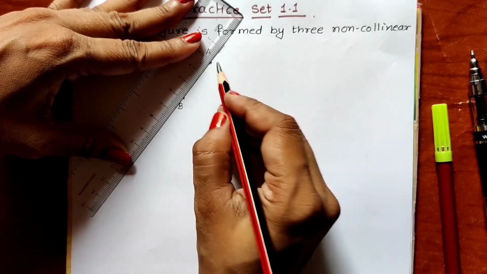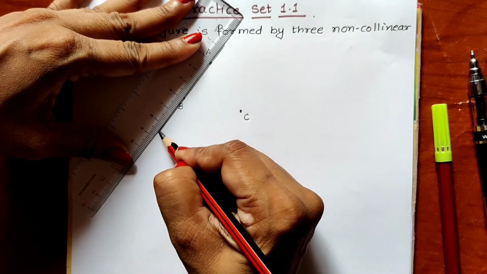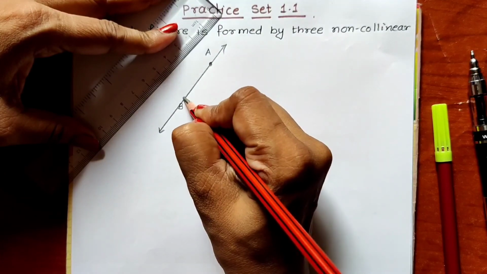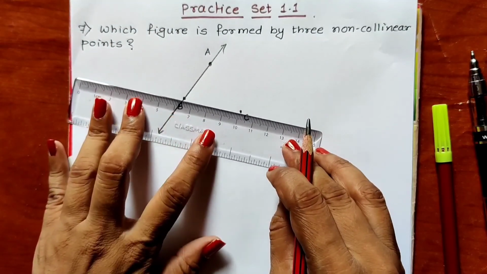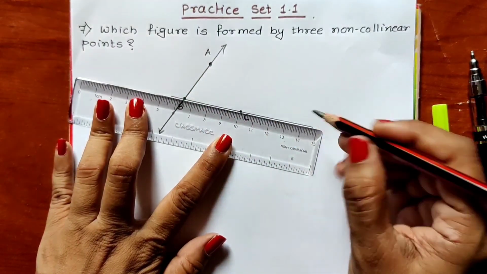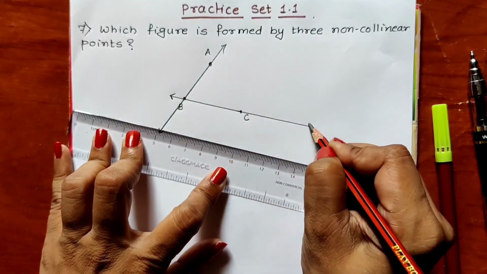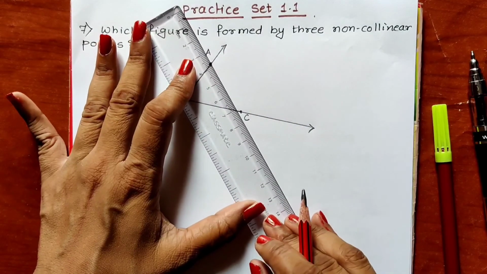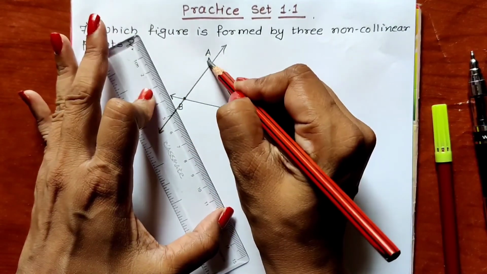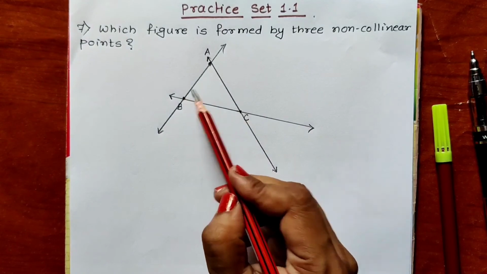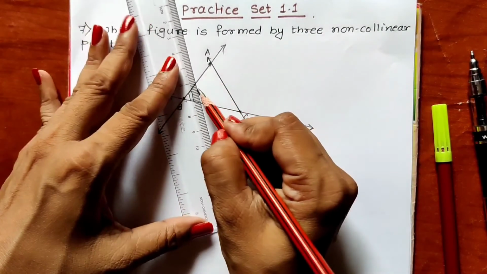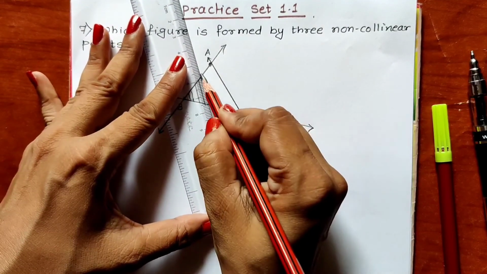First I will join point A and B. Let me draw a line which passes through points A and B. Now I will be drawing a second line which passes through points B and C. And then I will draw a line which passes through points A and C. So as you all can see, when we join these 3 non-collinear points, a triangle is formed.